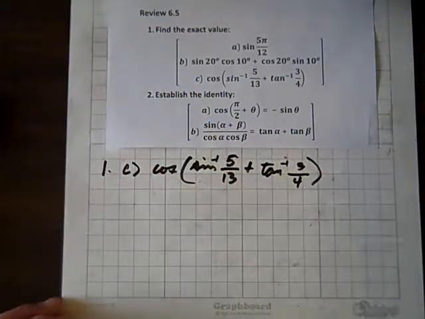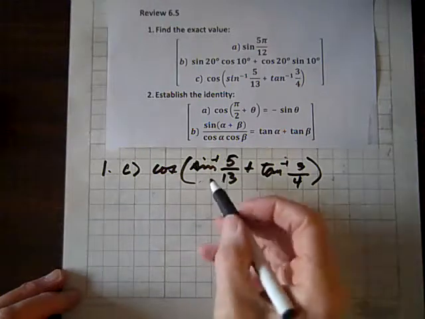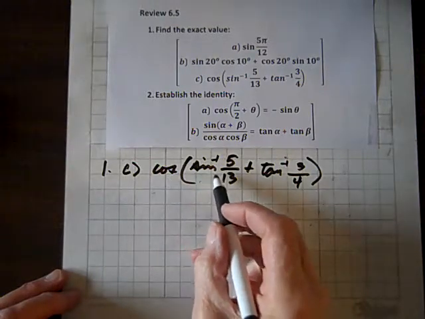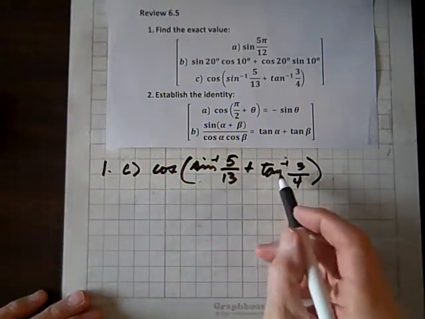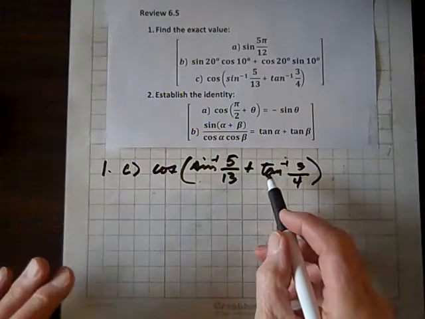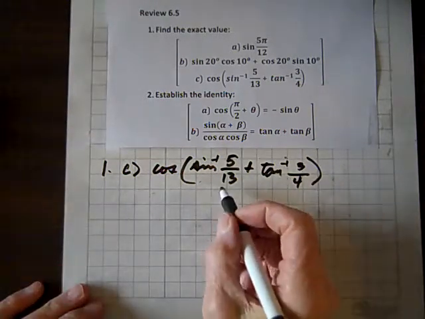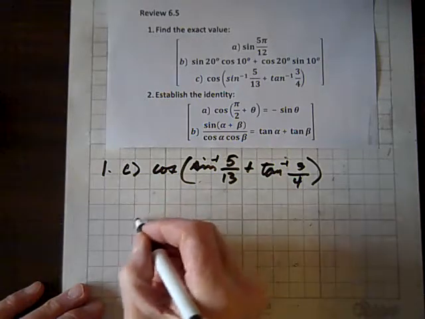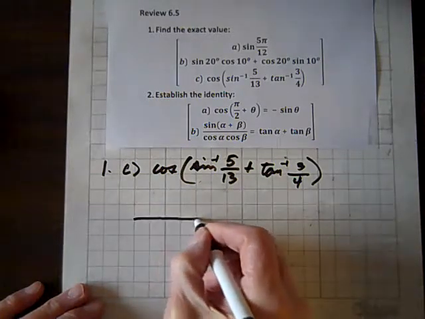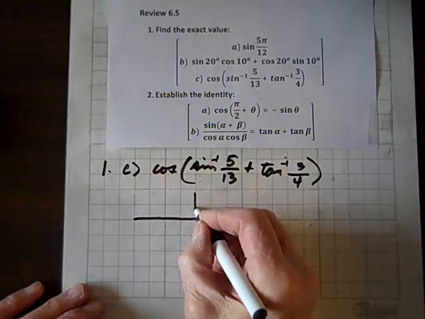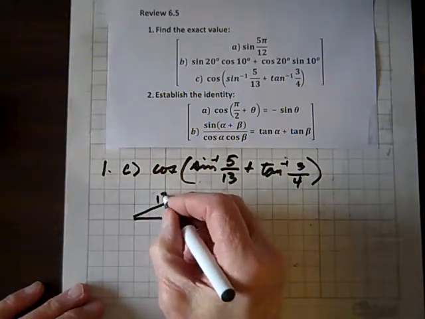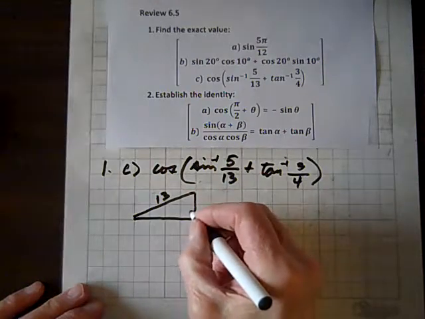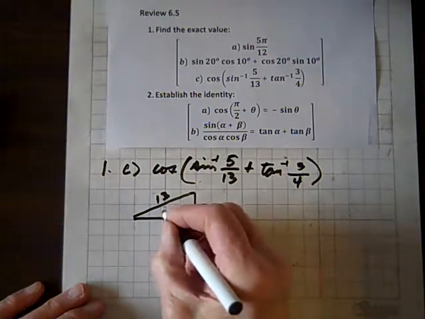Well, now we're doing 1c. So we've got the cosine of the sum of two angles, because this is an angle. All inverse trig functions are angles. So let's get a little more information out of this. Let's just draw a right triangle that has a hypotenuse of 13. The rise is 5.